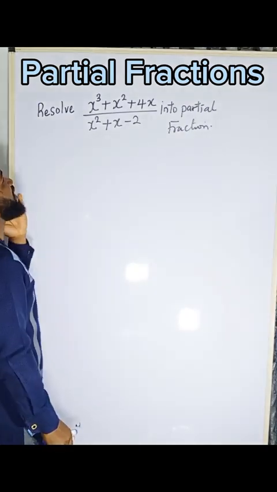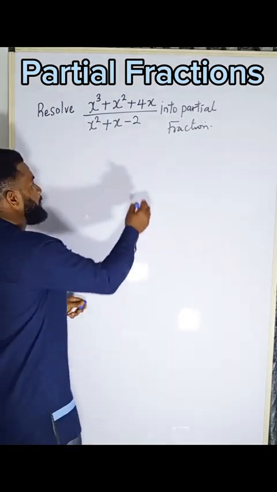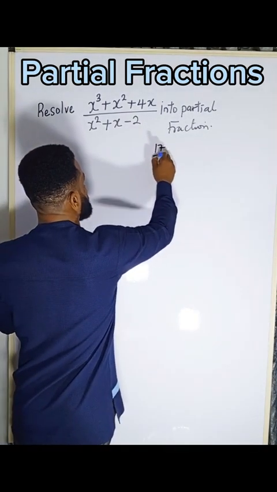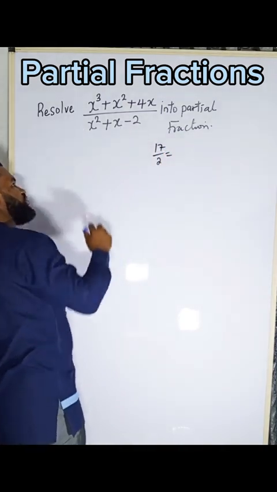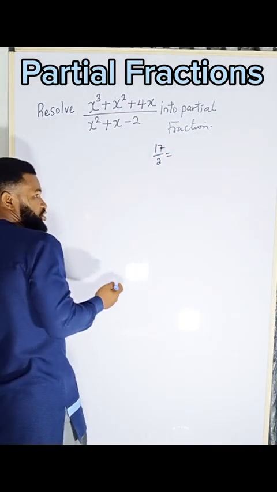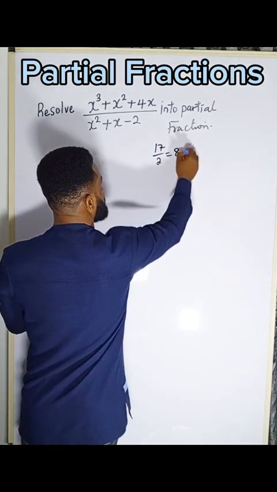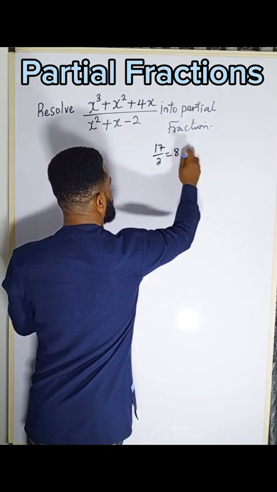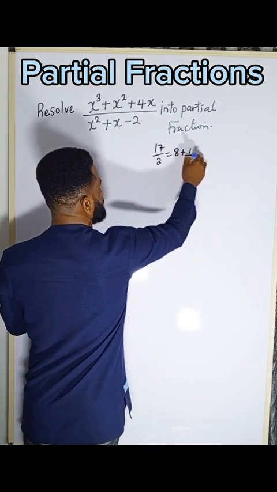You solve the problem by going into long division. Let me explain this. If you have 17 divided by 2, how many 2s go into 17? We are going to say 8. So it's going to be 8 plus, what is the remainder? 1 over 2.